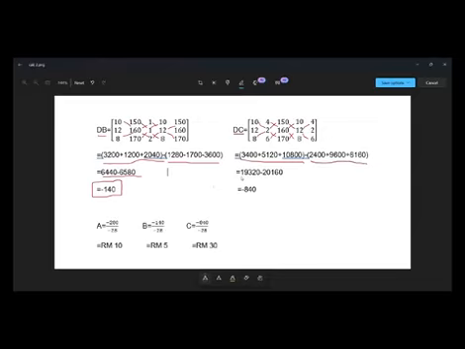So after we solve, we subtract it, and we find the determinant C is negative 840. The last step, we will find the true amount. We use x equal to determinant A or determinant B or determinant C, divided by the determinant of this matrix.